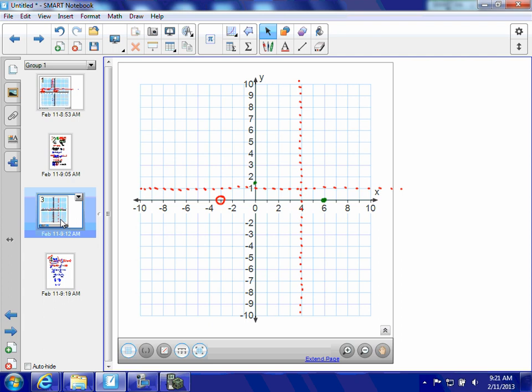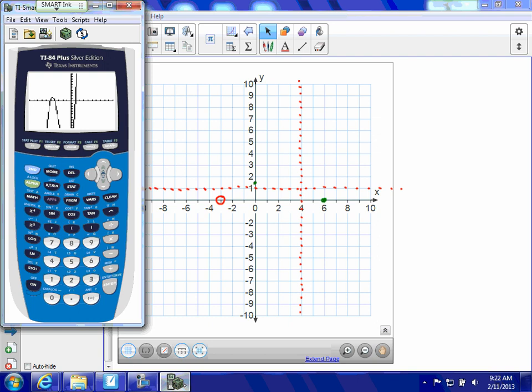Okay. So we've got all these points here, and now I'm going to graph my function. So I go y equals, I clear that, and it's equal to parentheses x squared minus 3x minus 18, all divided by x squared minus x minus 12, and I go zoom 6. And this is looking kind of like what my graph is supposed to look like.